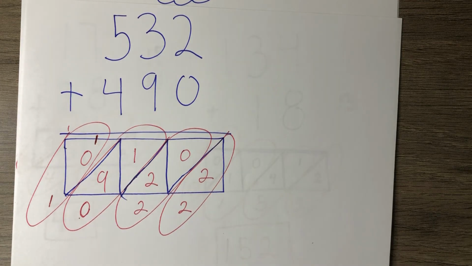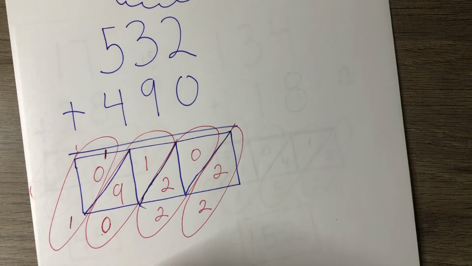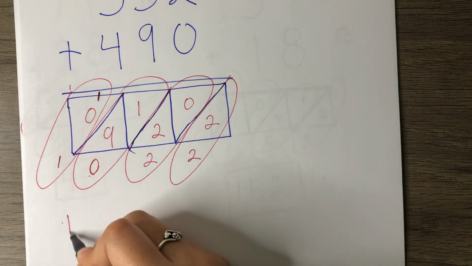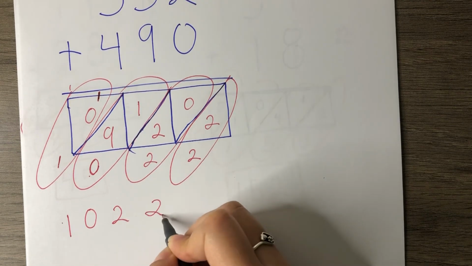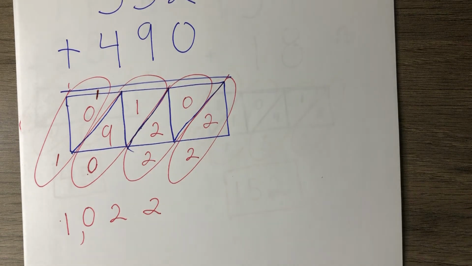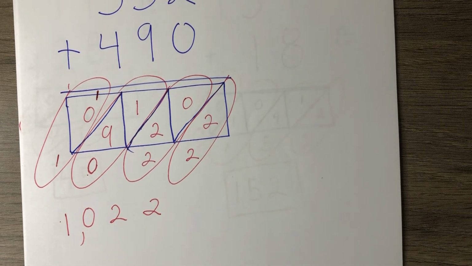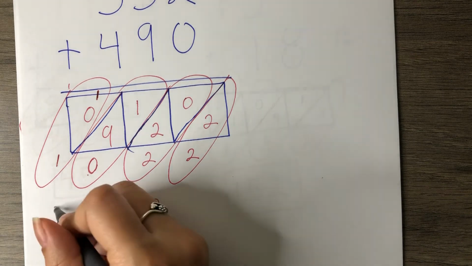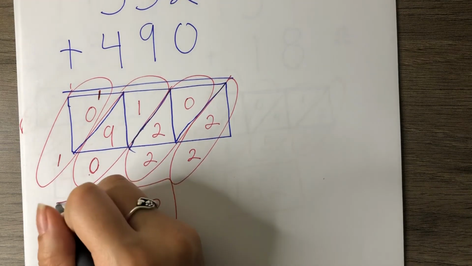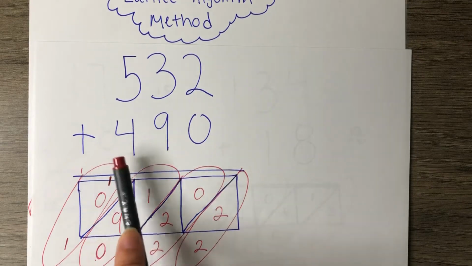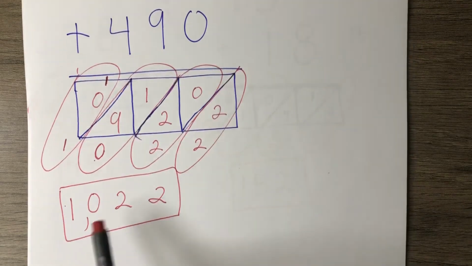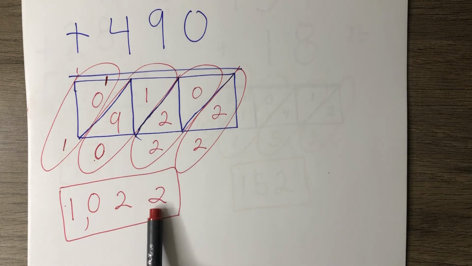And what's our answer? We have our answer 1, 0, 2, 2. What number is this? 1022. That is our answer. So 532 plus 490 is equal to 1022.